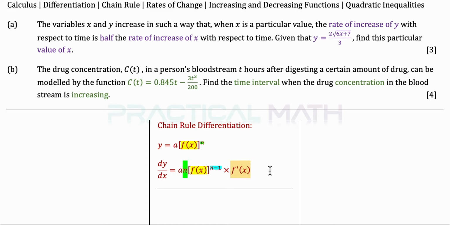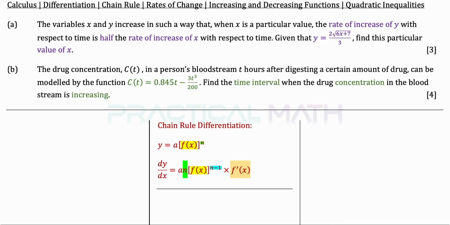Putting everything together, dy dx gives us a, bring down the power, power minus 1, multiply by the differentiation result of what's within the bracket, which we state as f prime of x. With this in mind, we can then start to do our part A question.